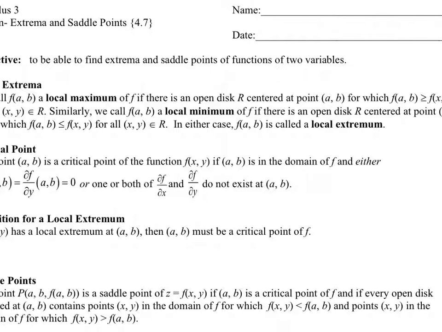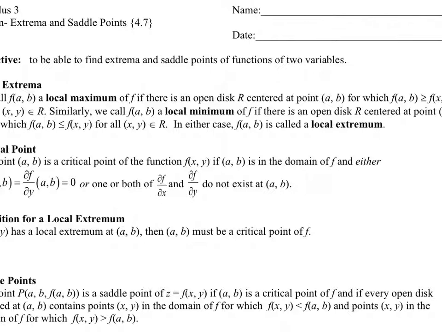If you plug (a,b) into your original function and you get undefined, all bets are off. You're not looking for a critical value. If you get something that exists, you take your partial with respect to x and partial with respect to y, plug those numbers in, and if both are equal to 0, or either of them is non-existent, then you're looking at a critical value.